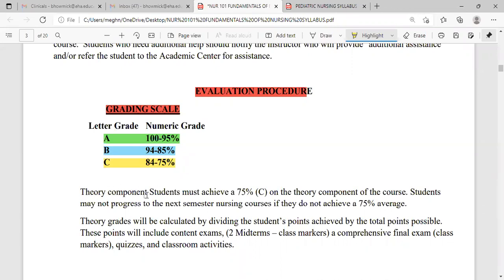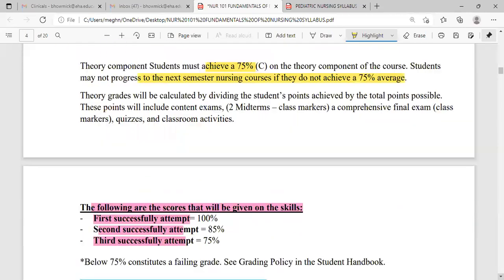For the theory component, the student must achieve 75% on the theory component of the course. The students do not progress to the next semester of the nursing course if they do not achieve a 75 average. Very important.